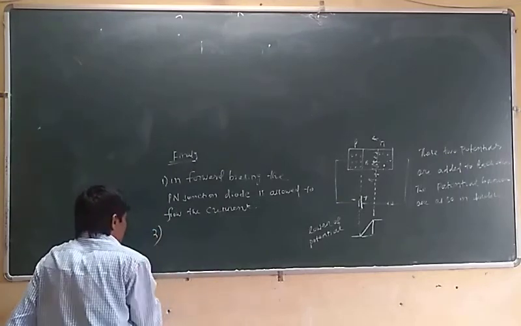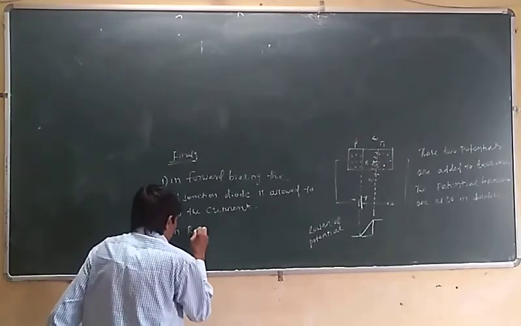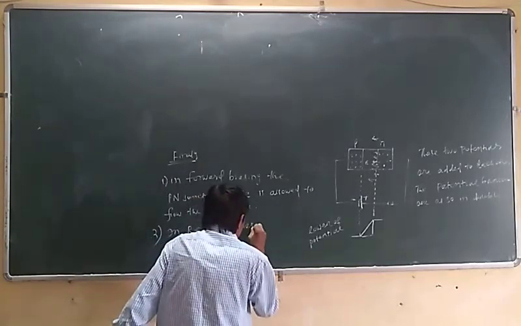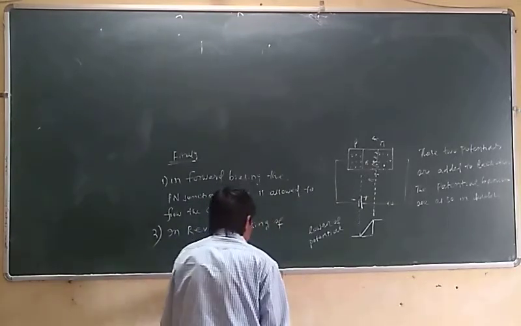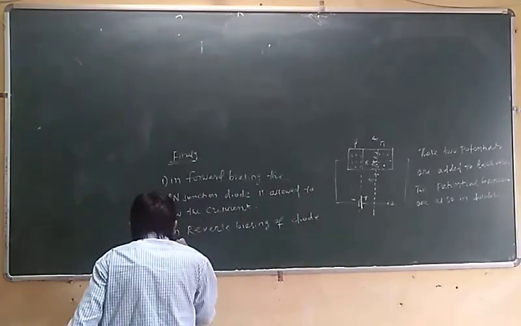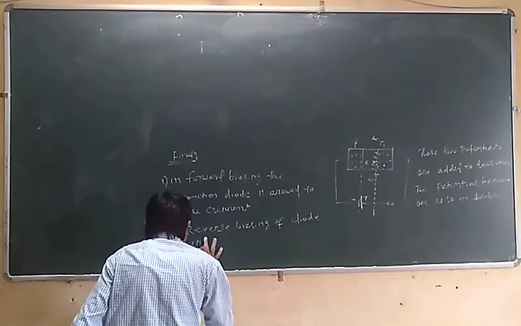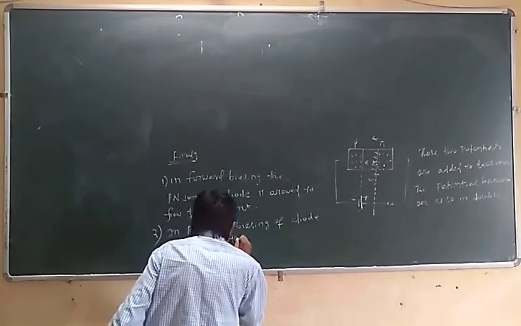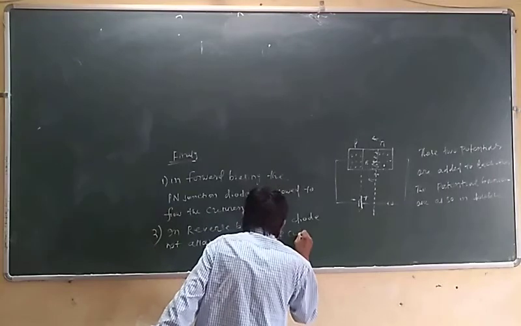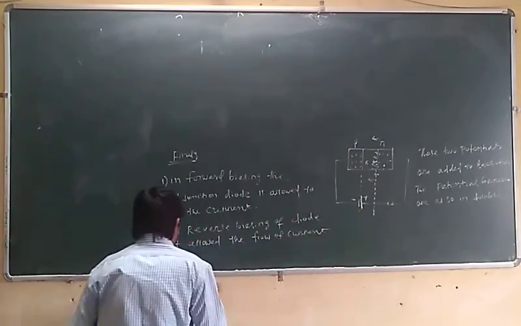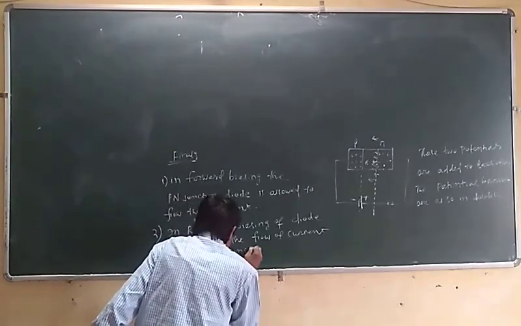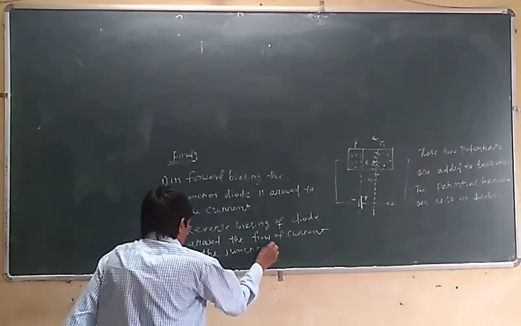Second point, in reverse biasing of the diode, the flow of current is not allowed across the junction.